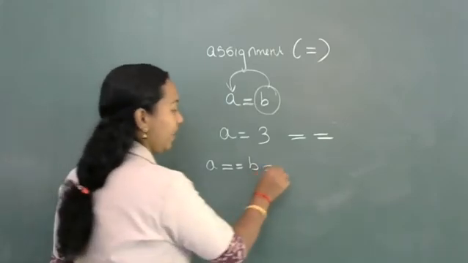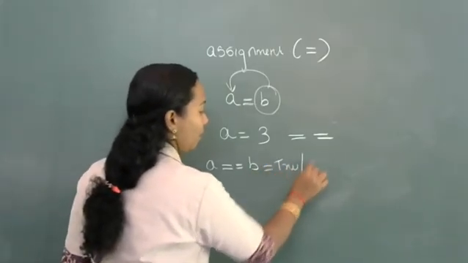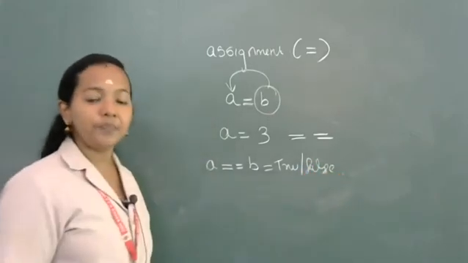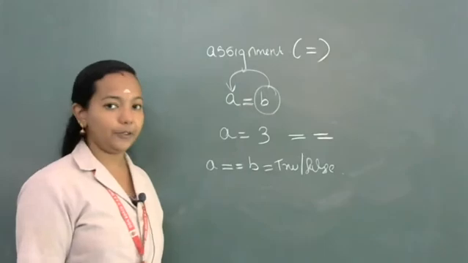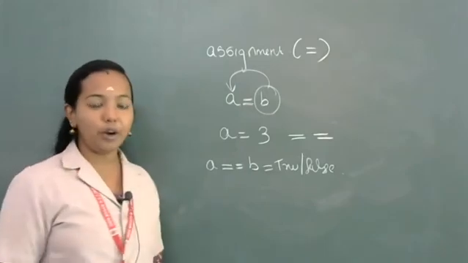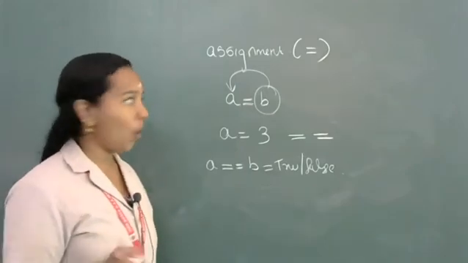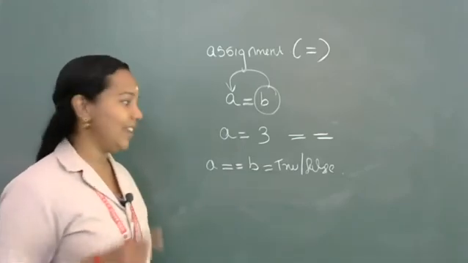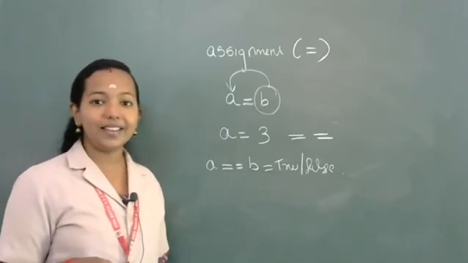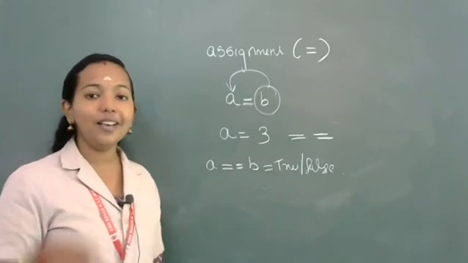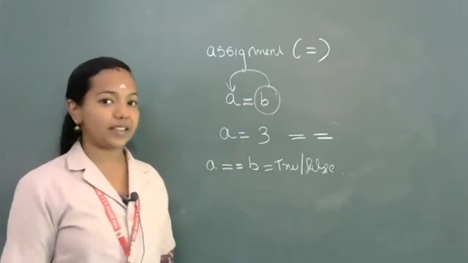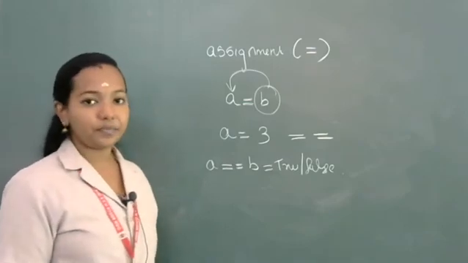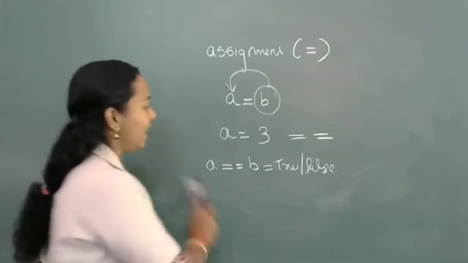It will always return a true or false value. Double equal to does not belong to the assignment category. It is used for equality checking and belongs to the relational operator category.